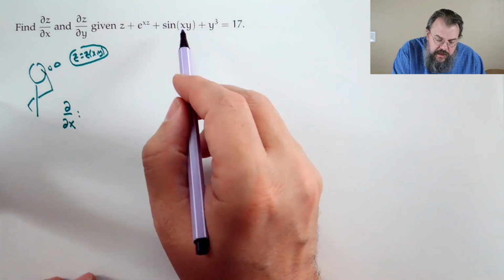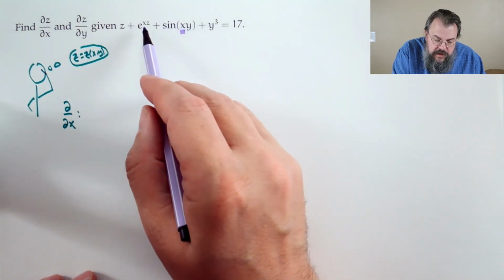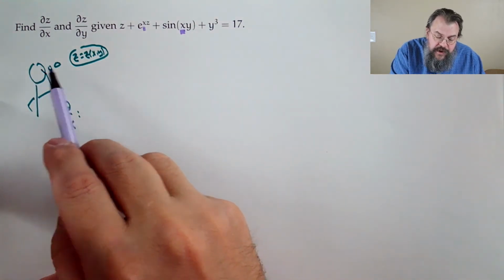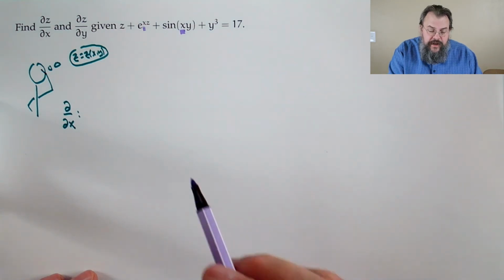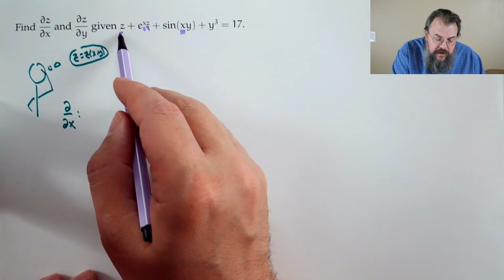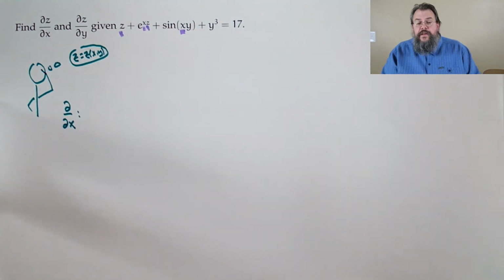Well, you're probably saying, easy. There and there, right? Two. But there's more. Remember our thought. z is a function of x and y. So every place where there is a z is also an x.